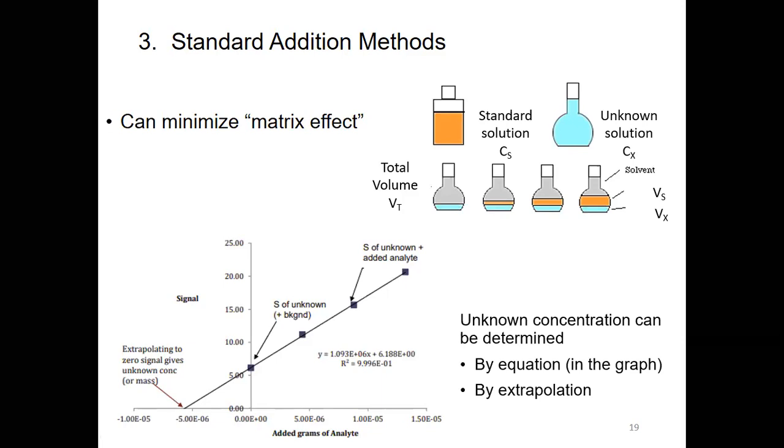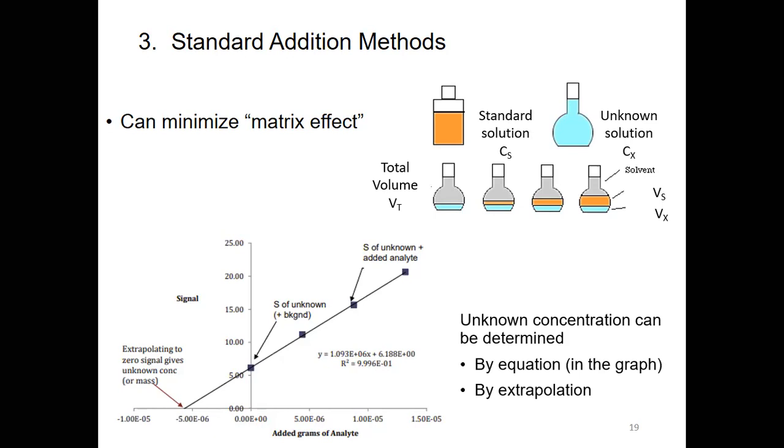So using that proportionality and the equation that we get, you will be able to find the concentration. Here we need the slope and the intercept. It is clearly shown in the textbook. So I highly recommend you go and refer to that and find how we can use the equation and the extrapolation method to find the concentration.